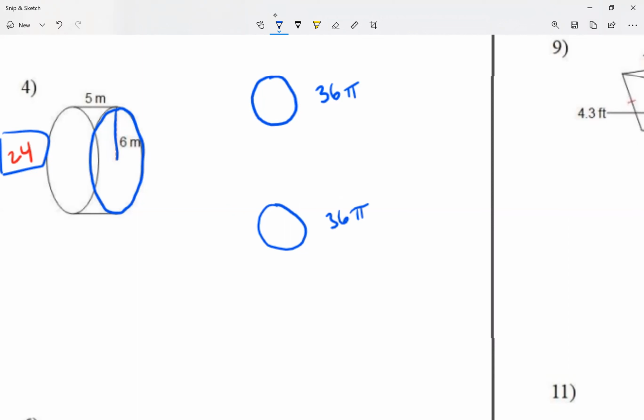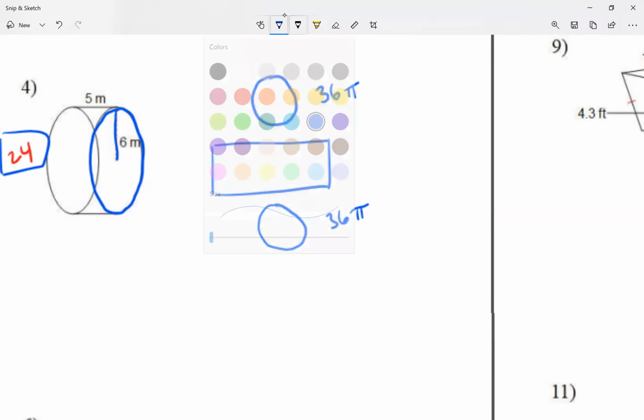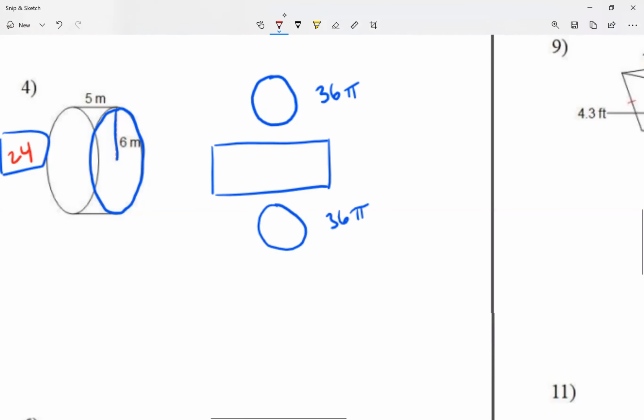Now, the center, even though it doesn't look like it, is going to be a big rectangle. The short side of my rectangle is going to be 5. It is the distance between my circles.